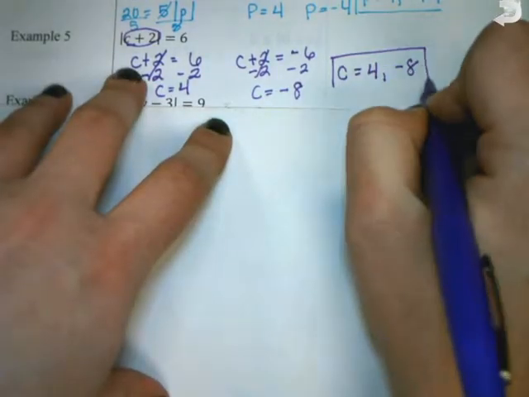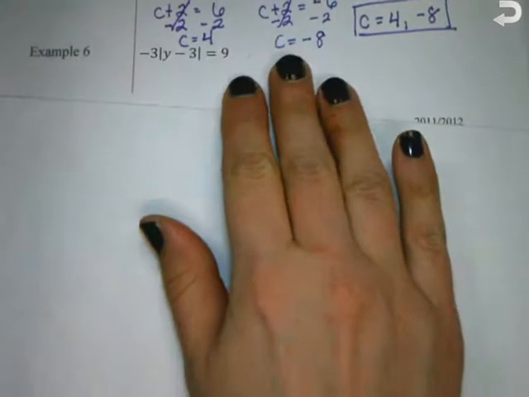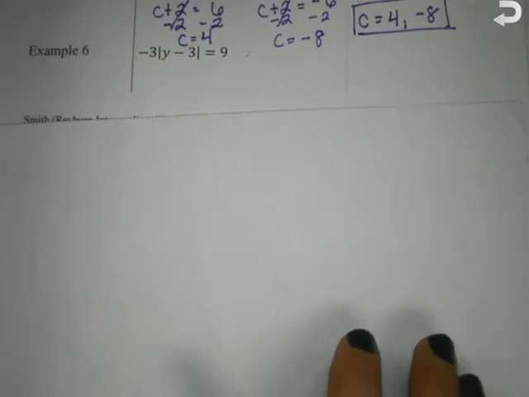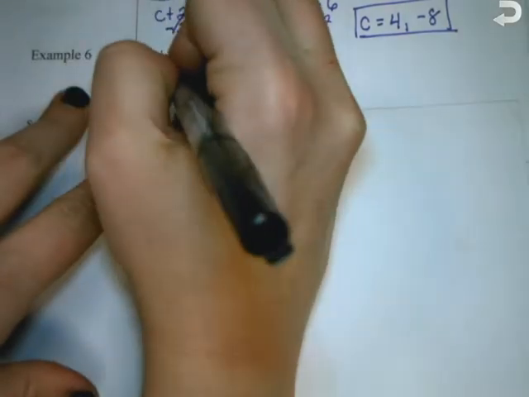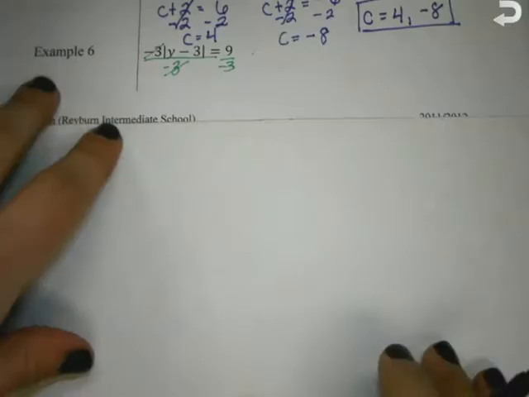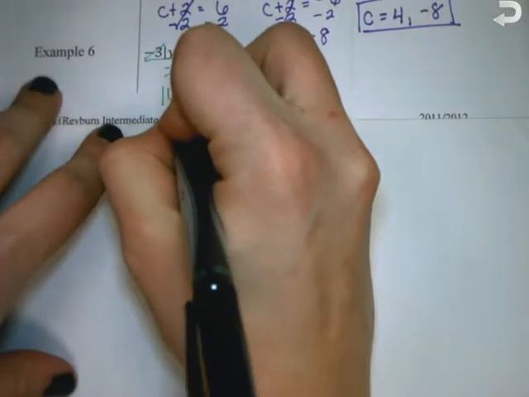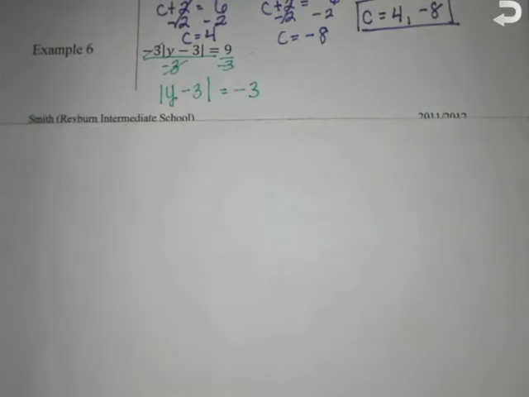So last one. What do I do first here? I divide by negative 3. Okay, so I divide both sides by negative 3. That gives me absolute value of y minus 3 equals negative 3. Hold on a second. Can I ever take the absolute value of something and get a negative number? No. So if the absolute value is all by itself and is equal to a negative number, no solution.